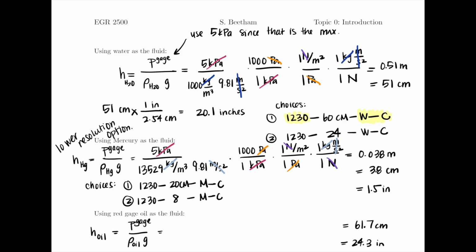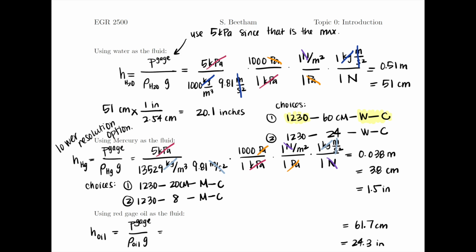And then does anybody have any ideas of what we should use for the pressure? Is there like a worst case scenario that we should consider for this? Yeah, 5 kilopascals. So that's the maximum pressure that we'd want to measure. And that's the maximum pressure is going to be the highest vertical displacement on our manometers. We want to make sure that the fluid's not overflowing out the end of the system.